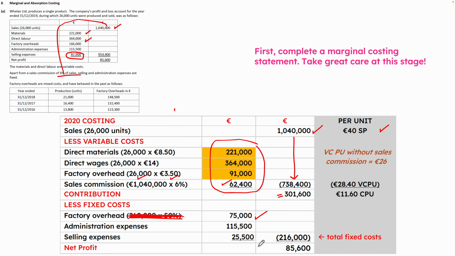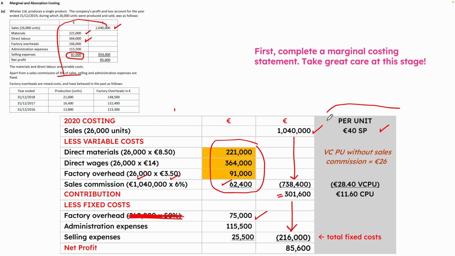So that's how we got that figure. When we add all of them together, we get €216,000 for the total fixed costs. And so our contribution minus our fixed cost then is equal to our profit of 85,600. Okay, so that's the marginal costing statement.